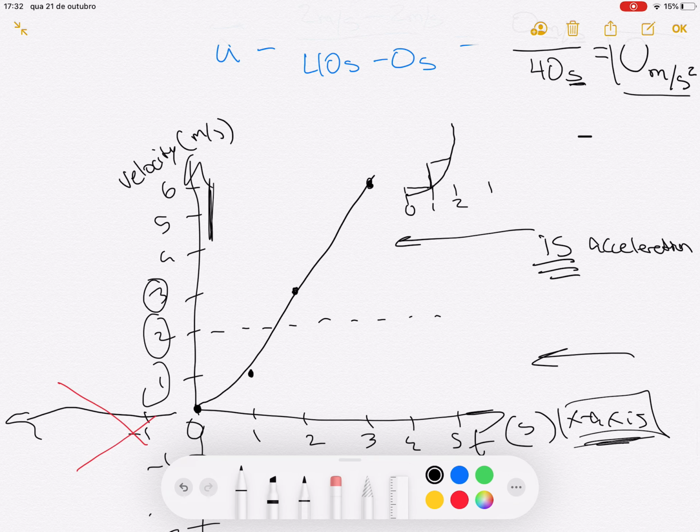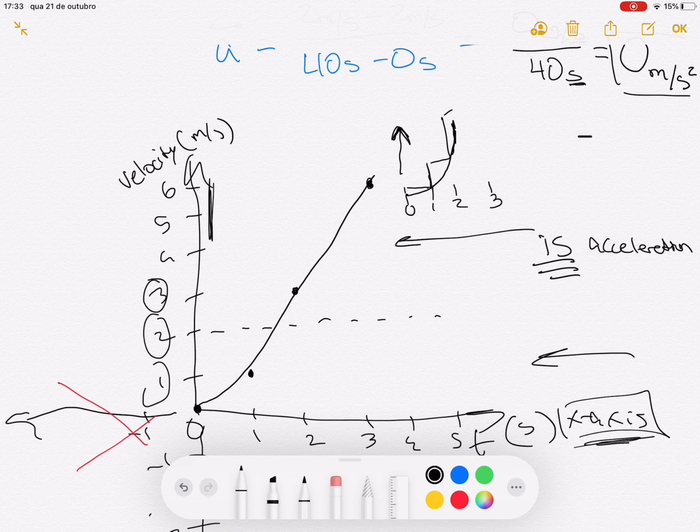And if we were to continue, it would be such a high increase that it would continue to get even higher. It might not even pass 3 seconds, this line over here. This means that the object is going faster because it takes less time to go at a higher velocity.